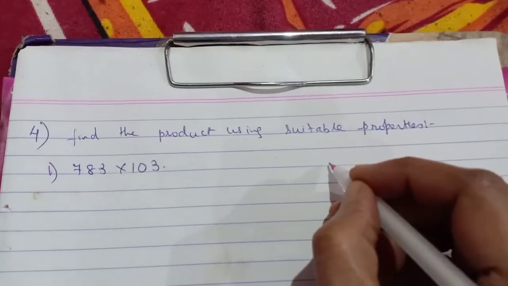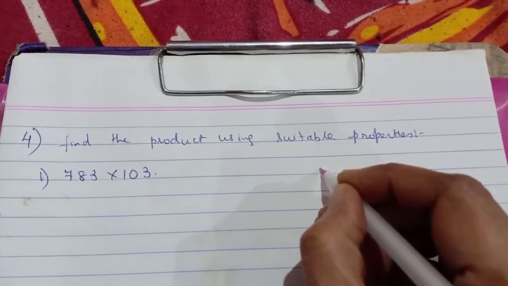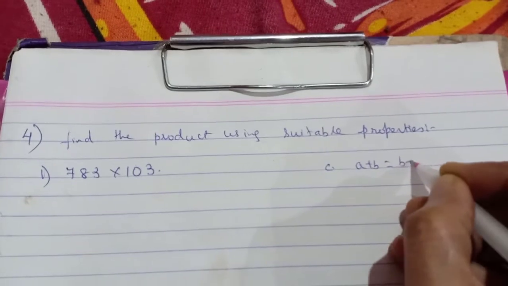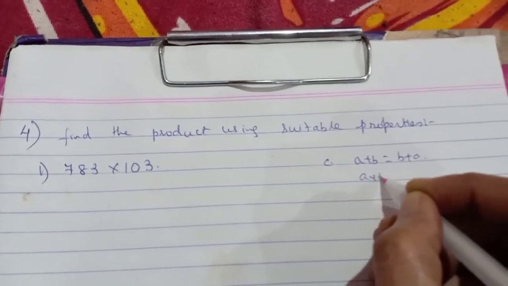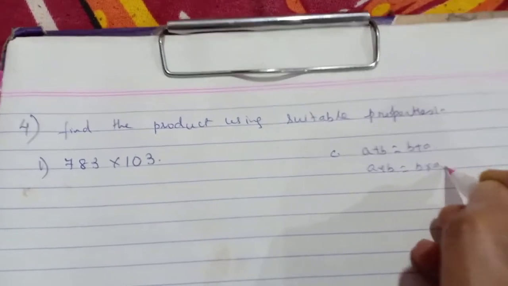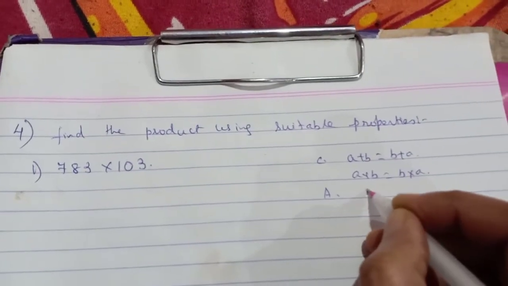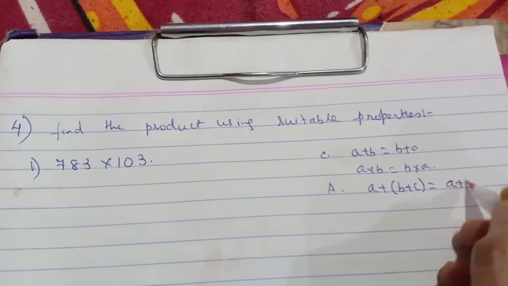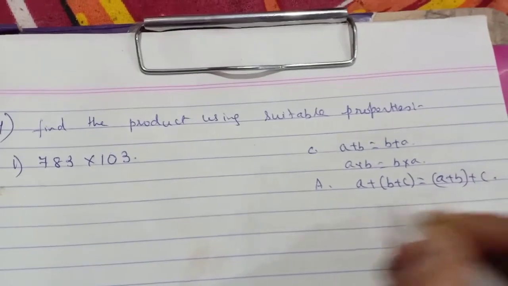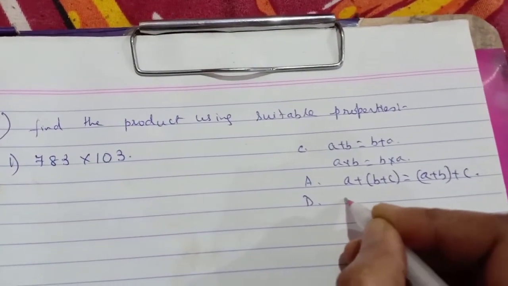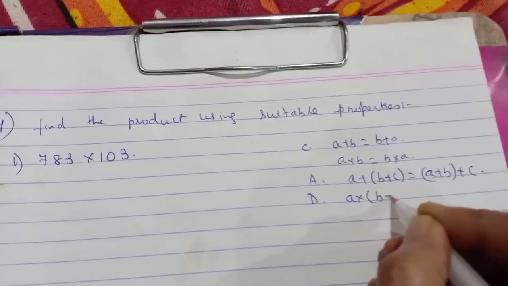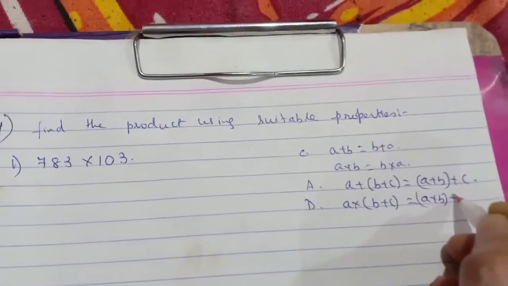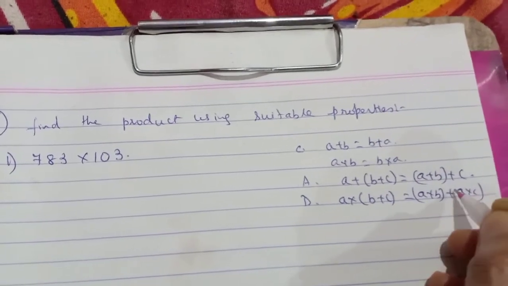We have the properties: the commutative property, a plus b equals b plus a, and a into b equals b into a. The associative property, a plus b plus c equals a plus b plus c. And the distributive property, a into b plus c equals a into b plus a into c.